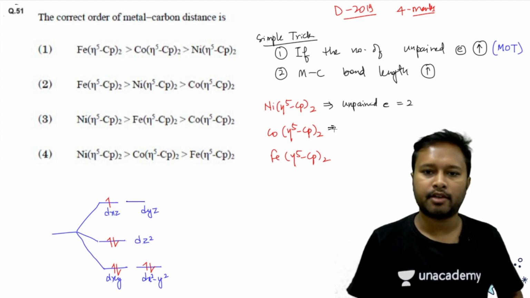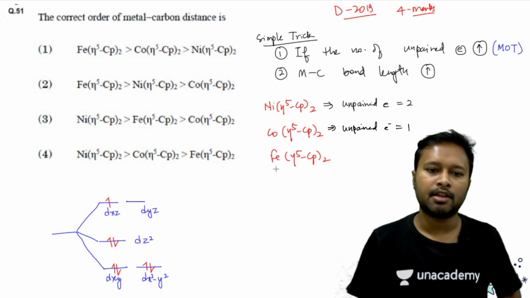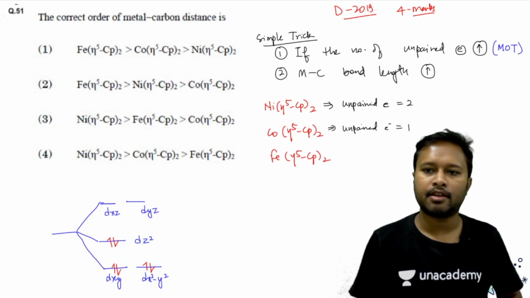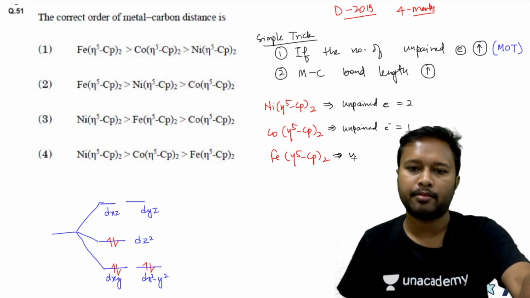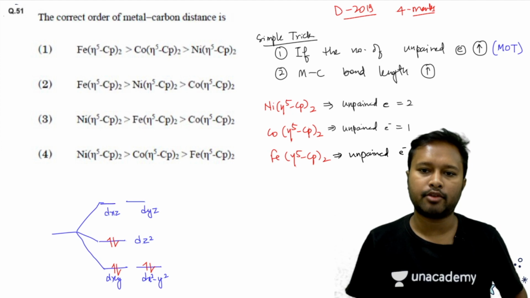The unpaired electron over here will be just 1. And same if you go for ferrocene, in that particular case you just have a d6 species. So here this particular unpaired electron will vanish, and you will just have 1 2 3 4 5 6. So basically the number of unpaired electrons is going to be 0.